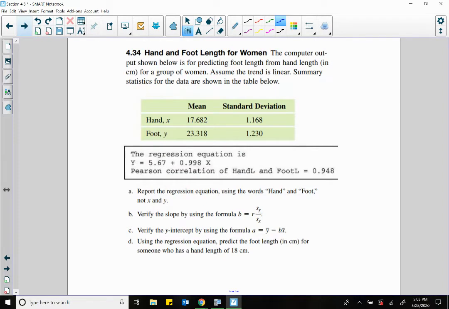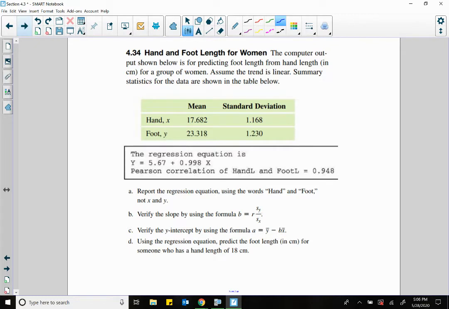All right, so this one, they've given us information. Okay? See if you can read this information and answer the questions below. And go. Okay.